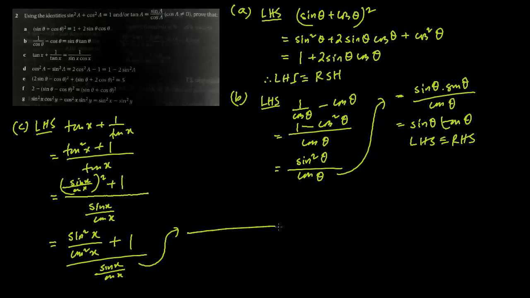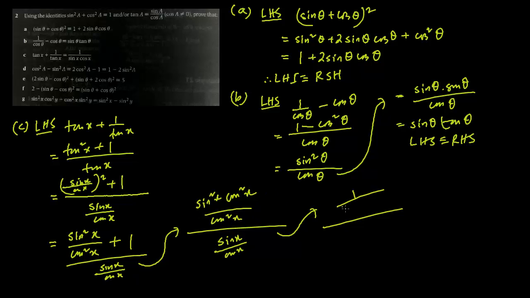So if we take the upstairs LCM to be cos squared x, so we have cos squared x, that would be 1. That means it would be sine squared x, and 1 times cos squared x is going to be cos squared x, and downstairs we have sine x by cos x. That means upstairs sine squared x plus cos squared x is going to be 1 divided by cos squared x.